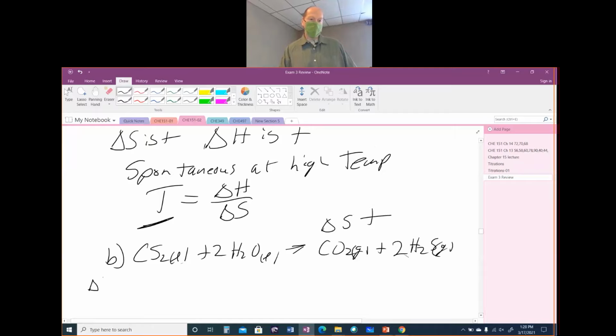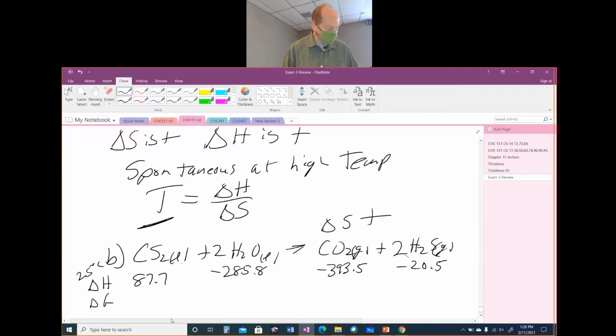All right, but we have to calculate our delta H. We have to calculate our delta G. We are at 25 degrees Celsius. We can do products minus reactants for our delta G. All right, 87.7, negative 285.8, negative 393.5, and negative 20.5.